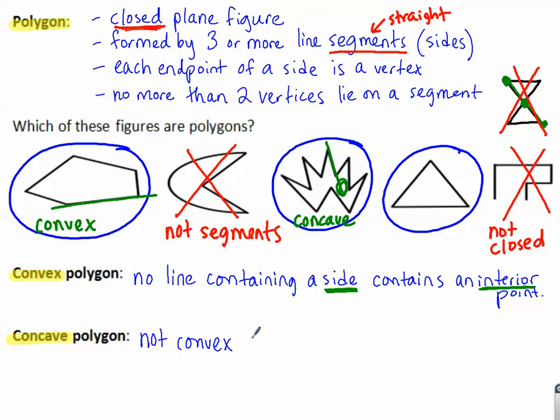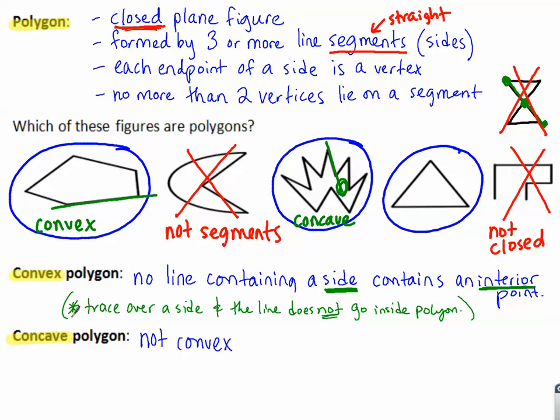So again, just to think of convex, think of it as trace over a side and the line does not go inside the polygon. That's a way that we can think about it being convex.